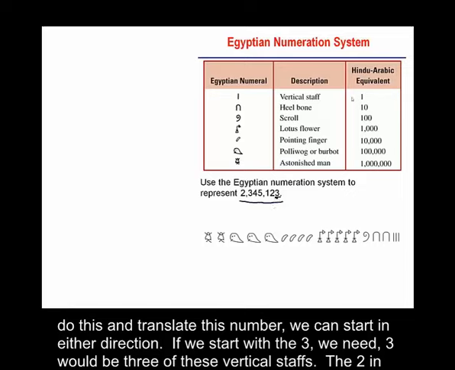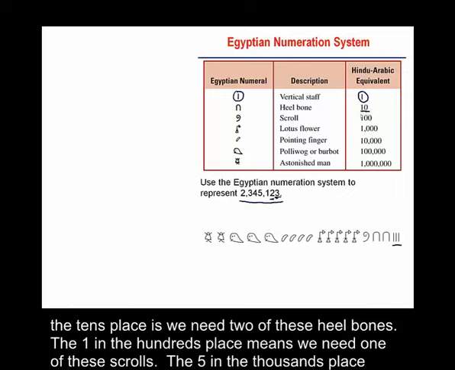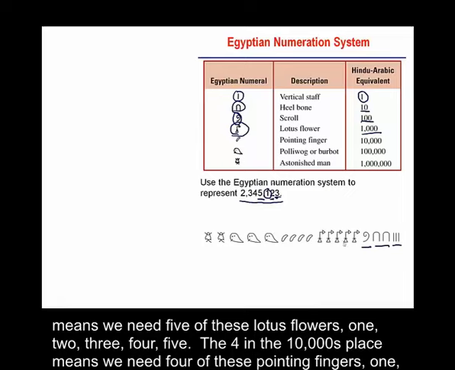If we start with the 3, we need 3 vertical staffs. The 2 in the tens place means we need 2 heel bones. The 1 in the hundreds place means we need 1 scroll. The 5 in the thousands place means we need 5 lotus flowers.